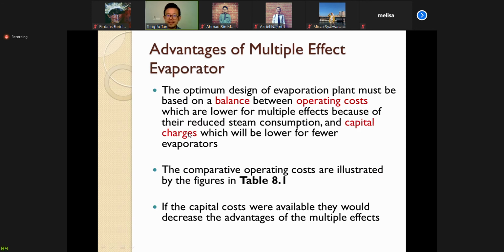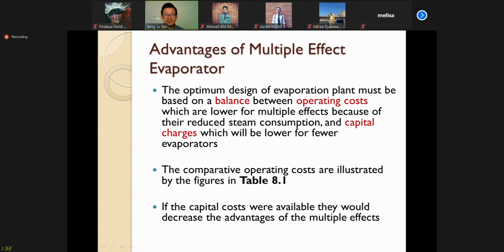And capital charges, which will be lower for fewer evaporators. If you buy more evaporators, you will have more capital costs. In industry, you have operating costs, the daily ones, and then the machine cost, the capital cost.